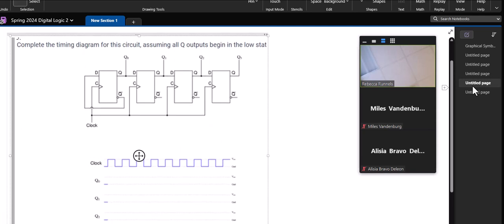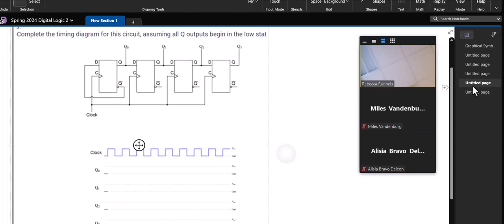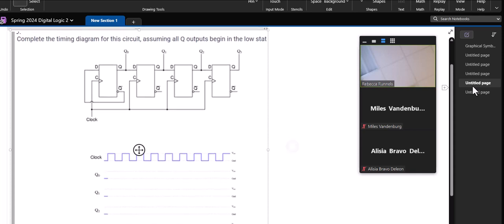So complete the timing diagram for this circuit, assuming all Q inputs begin in the low state. Okay, so if we look at our first flip-flop, we see that its input is its own complement.